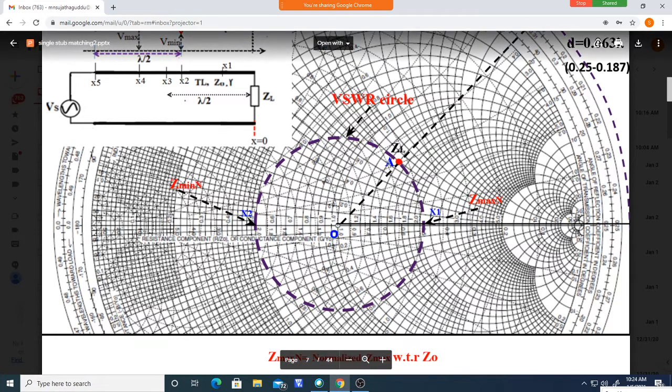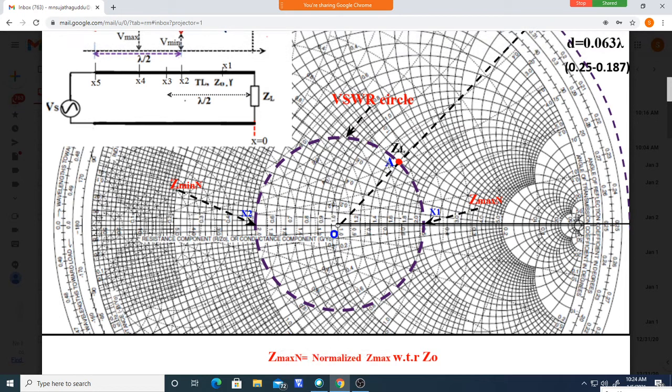So like that, impedance variations we can find, and VSWR you can easily find. The VSWR is a resistance value at this position. Whatever impedance you read, Z maximum, that itself is the VSWR at this position.